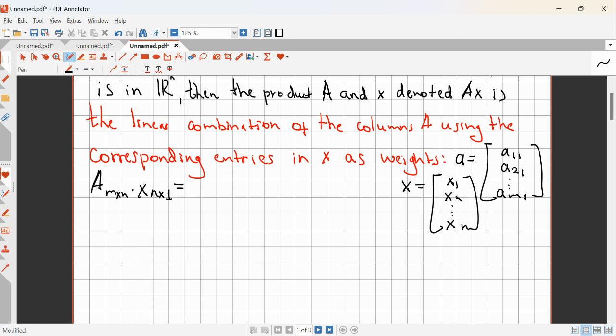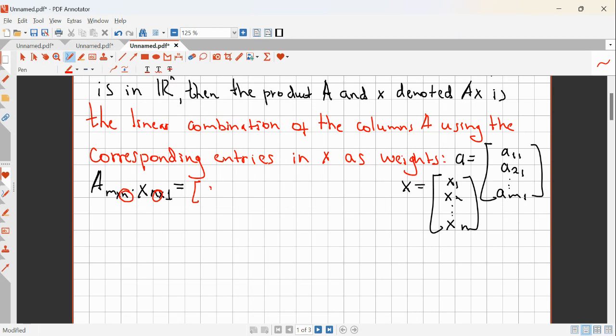By the way, in the previous video when I was talking about multiplication of matrices, it's very important to take into account how we can multiply them. There is a special requirement. If the amount of columns in matrix A is the same as the amount of rows in vector x, then we can multiply them. Otherwise, no.